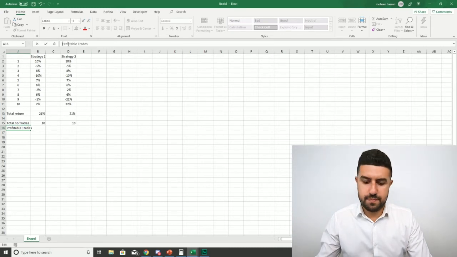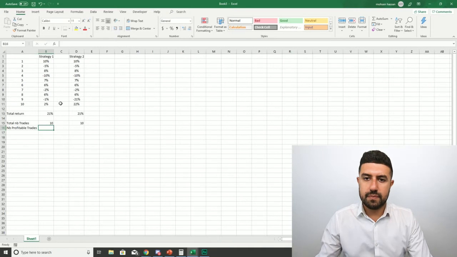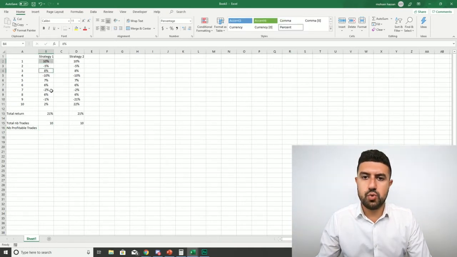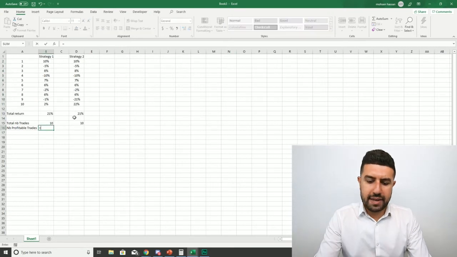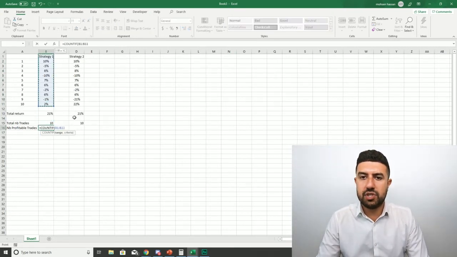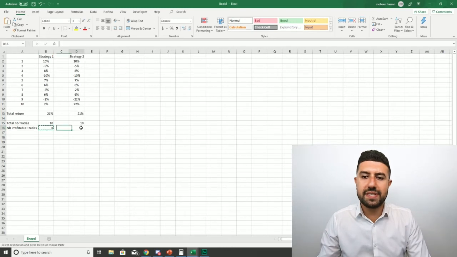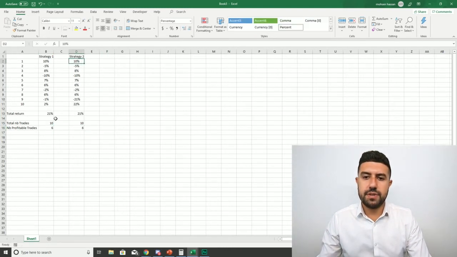Number of profitable trades, I can just count them. There's 1, 2, 3, 4, 5, 6 profitable trades. Or I can use the COUNTIF function, count this range, only count positive trades, 6. Here there's 6 as well, right?